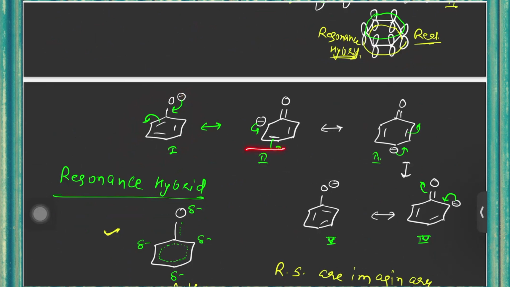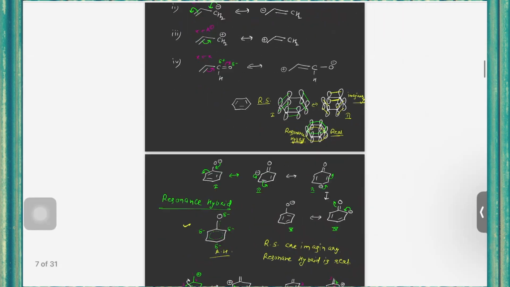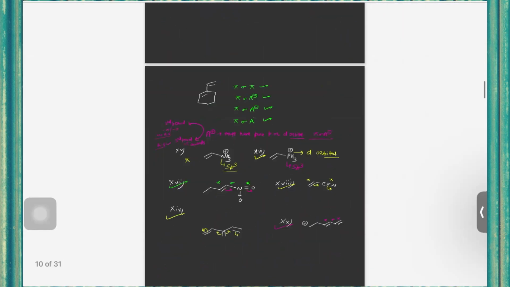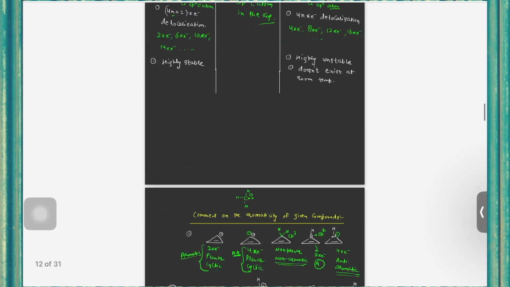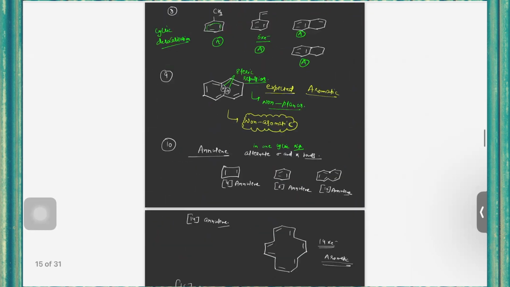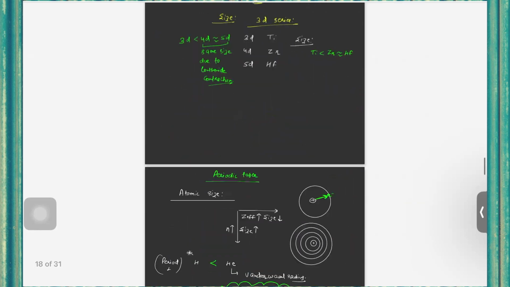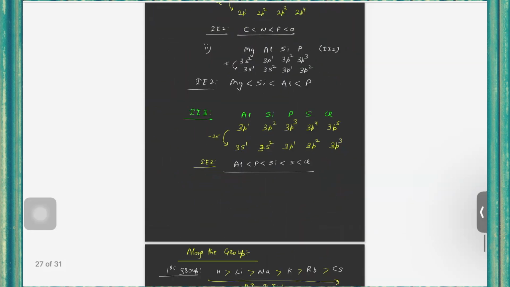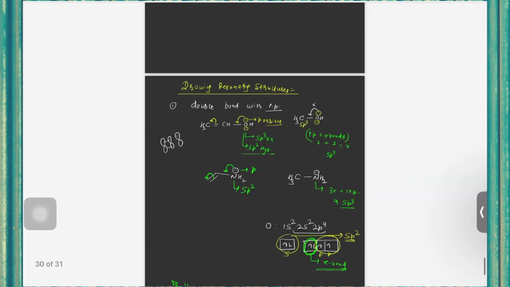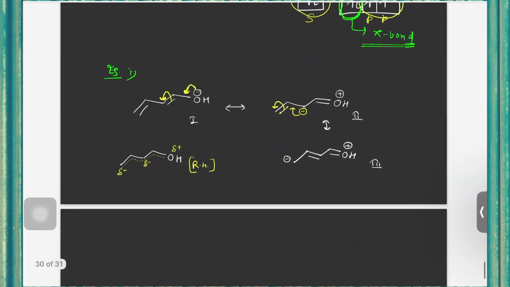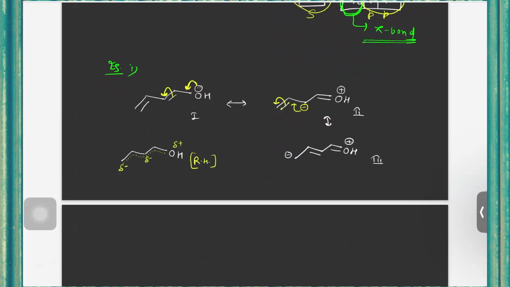So in all the resonating structures, you will find one negative charge as the net charge, right? So if the molecule has a net charge of 1 minus, the resonating structures will have the same charge. If it is 1 plus, then all the RS will have 1 plus only. The charge will not vary. That is the thing.